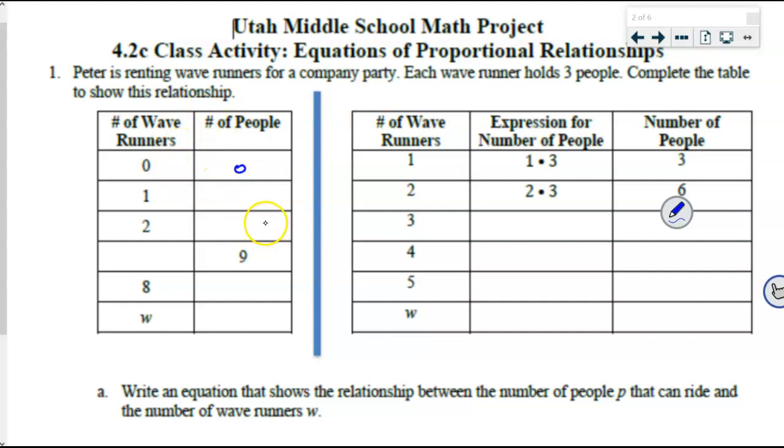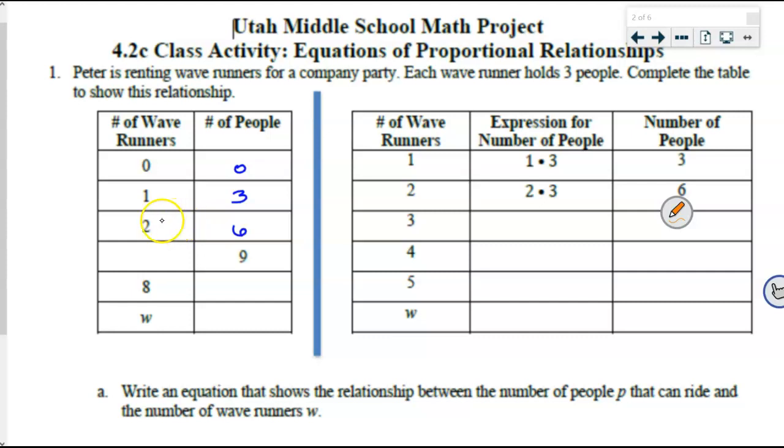This one's a tough one, right? Because the answer is staring us right in the face. Each wave runner holds 3 people, so one wave runner will hold 3 people. And 2 wave runners is going to hold 6 people. You know exactly what we're doing here, right? How are we going forward across the table? How are you doing this so quickly in your head?